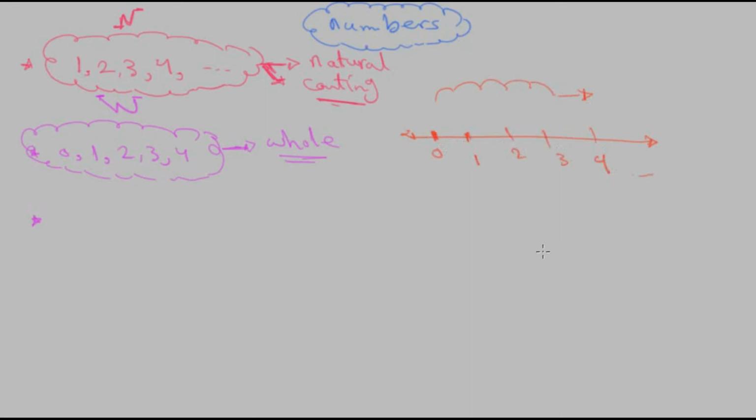But the Indians said, what if we start from the middle of our number line, with 0 in the middle? We can find numbers in the left part, and we can also find numbers in the right part.